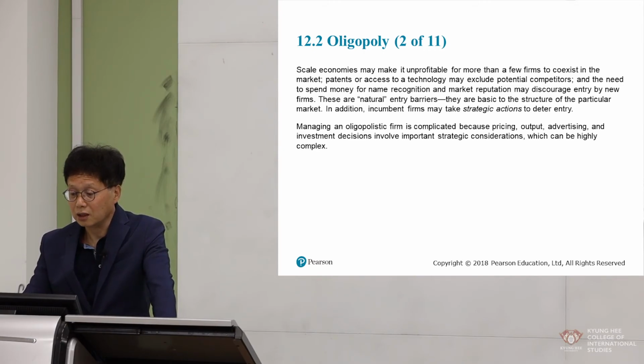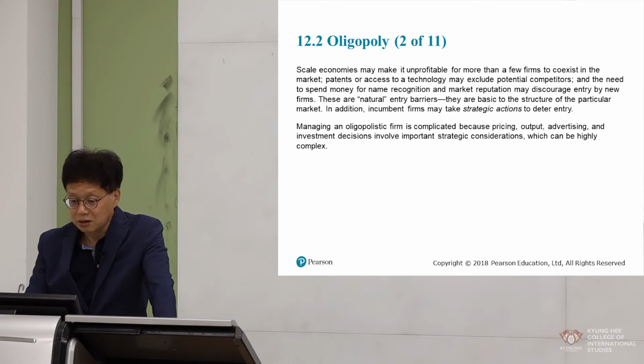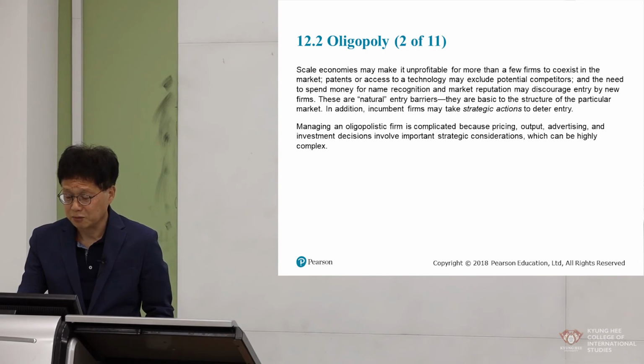This works like an entry barrier. Okay? And needing to spend money for name recognition and market reputation may discourage entry by new firms. Right? There are natural entry barriers. We already studied natural entry barriers repeatedly. They are basic to the structure of the particular market, especially the electricity market, or utility markets.